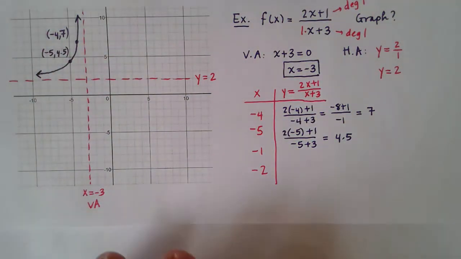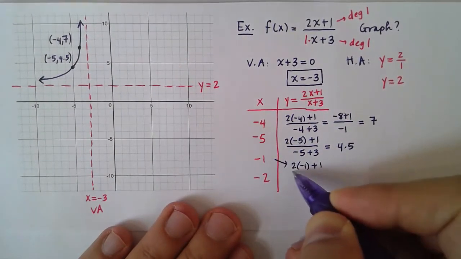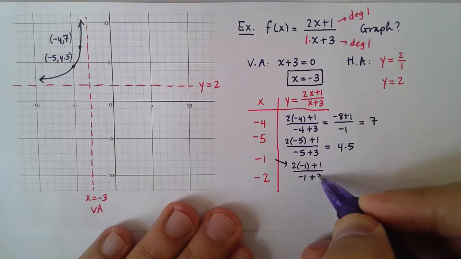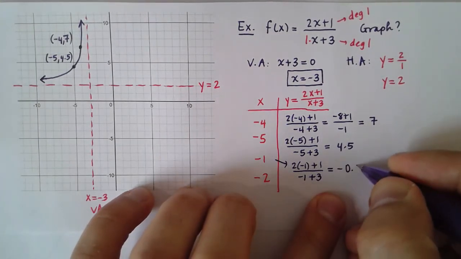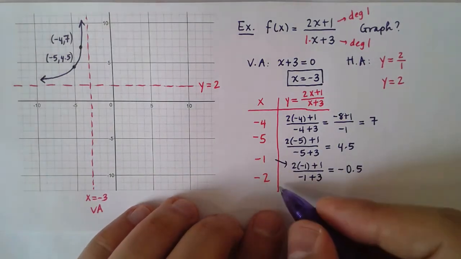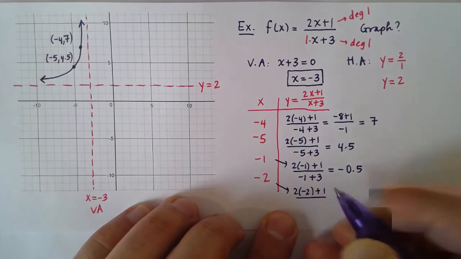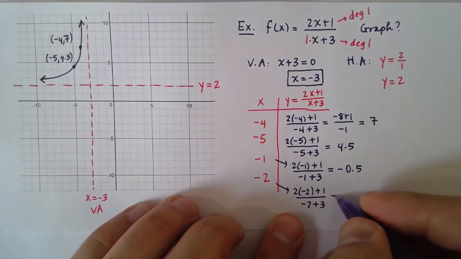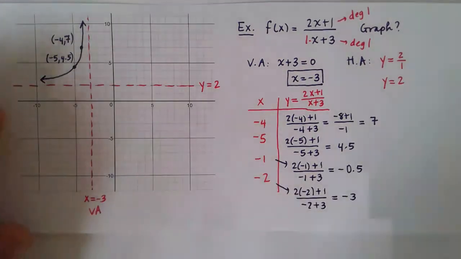Okay, now on the other side, if you plug in negative 1, it's going to be 2 times negative 1 plus 1 divided by negative 1 plus 3. That's going to be negative 0.5. Top is negative 1, bottom is 2. And then if you plug in negative 2, it's going to be 2 times negative 2 plus 1 divided by negative 2 plus 3. That's going to be negative 3.